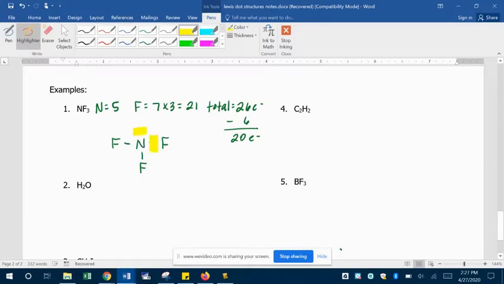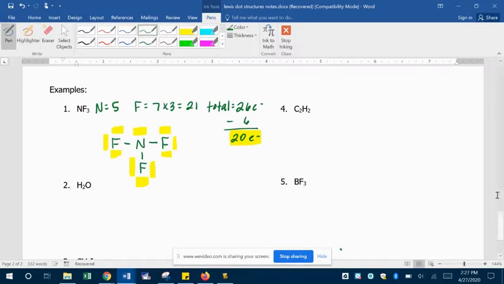Each of my fluorines only has 2 electrons from the bond, so each of my fluorines still needs 2, 4, 6 electrons more. So nitrogen needs 2, fluorine needs 4, 6, 8, 10, 12, 14, 16, 18, 20. So I still need 20 electrons, and I have 20 electrons left that I can use.